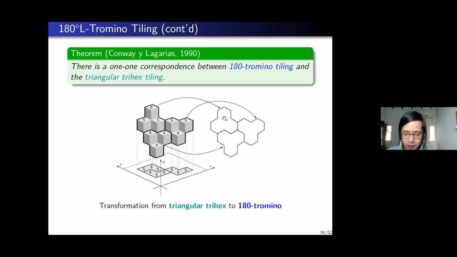This 180 rotation restriction gives the problem some nice properties and symmetries, like this relation to another tiling, and some properties like a color argument.